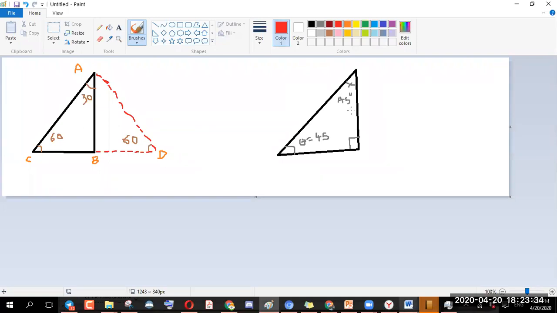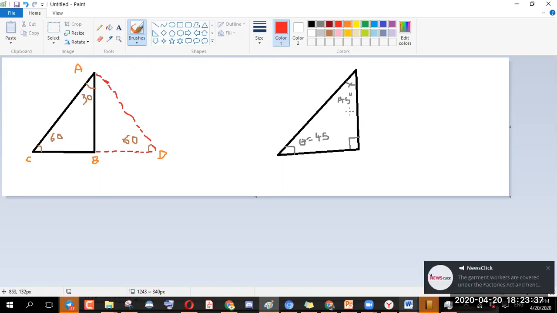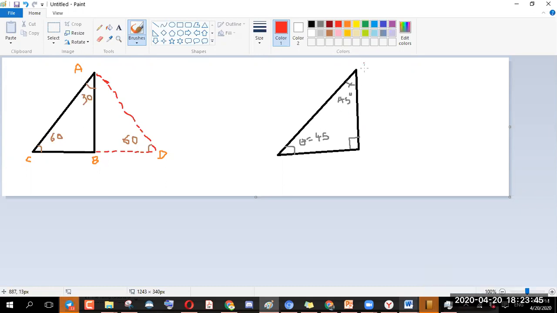What properties does an isosceles triangle have? Two sides are equal. So which sides are equal over here? Let's mark this: this is A, this is B, and this is C. Which sides are equal? AB and BC.